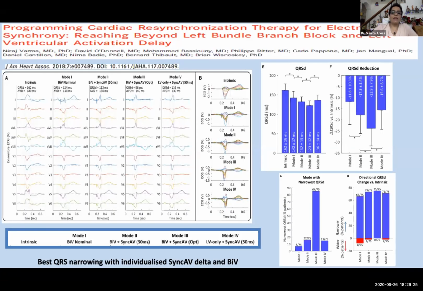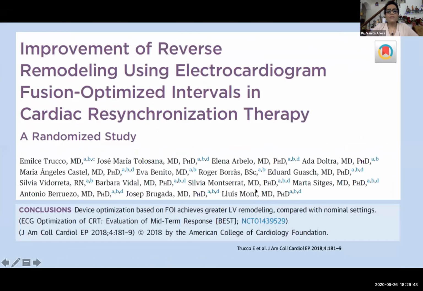Bi-V pacing with sync AV optimization has been studied in various trials, and it has been analyzed to have given the best possible result as compared to the other algorithms which have been studied in biventricular pacing. And then fusion optimized intervals have also been studied in cardiac resynchronization therapy.